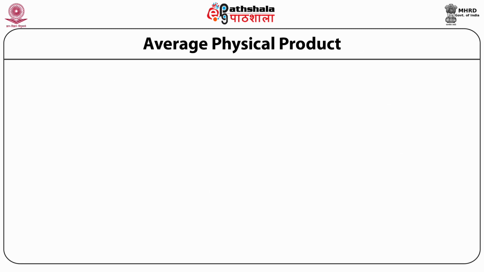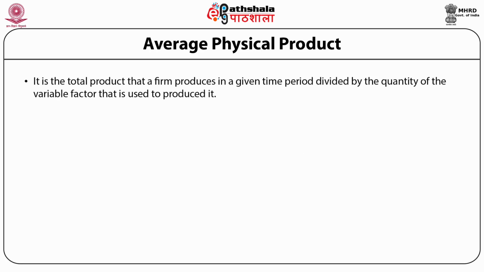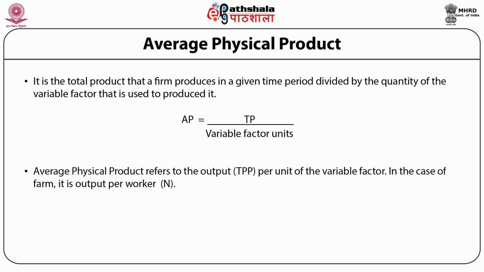Average physical product. It is the total product that a producer produces in a given time period divided by the quantity of the variable factor that is used to produce it. Symbolically, average product is equal to total product divided by variable factor units. Average physical product refers to the output per unit of the variable factor.